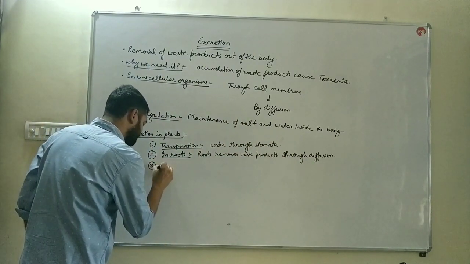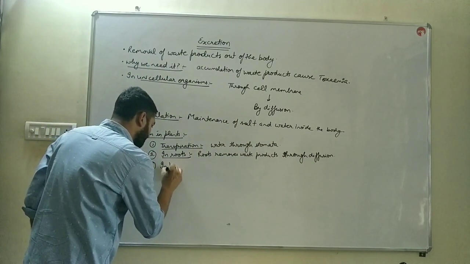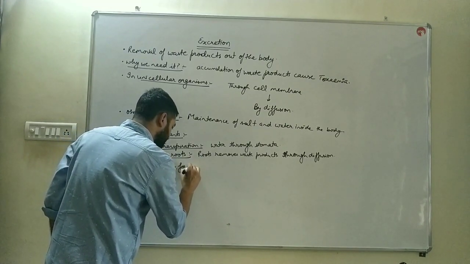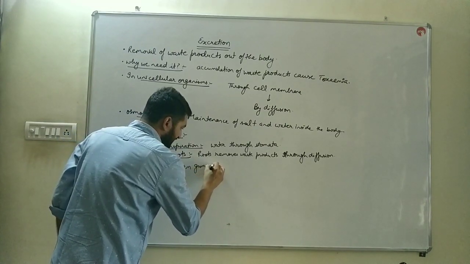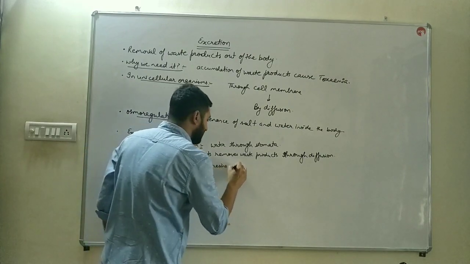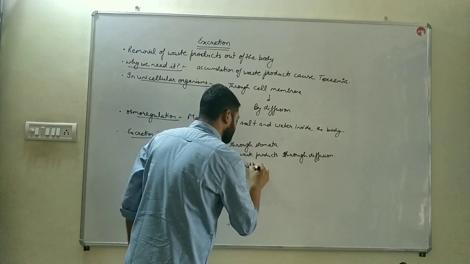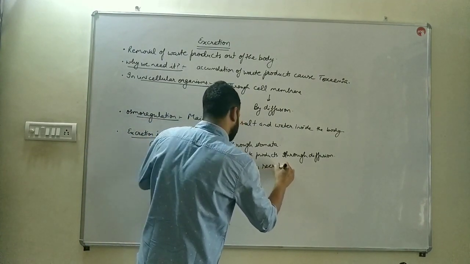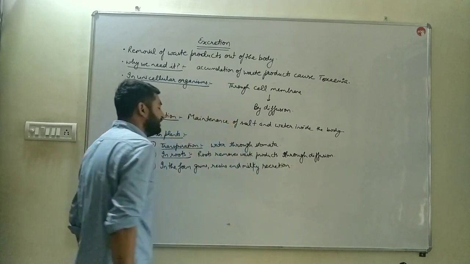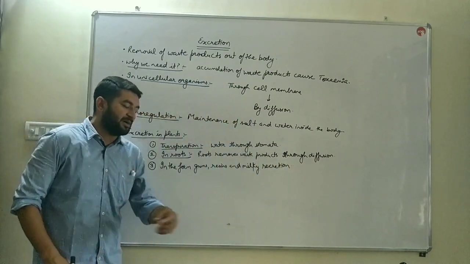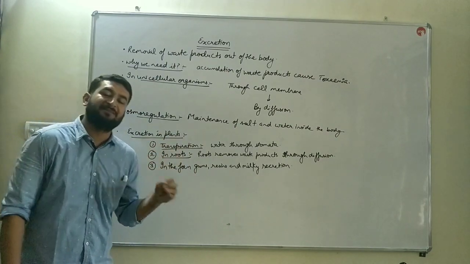Third is in the form of gums, resins, and milky secretions. You must have seen various plants which have certain gums coming out of their leaves or stem.